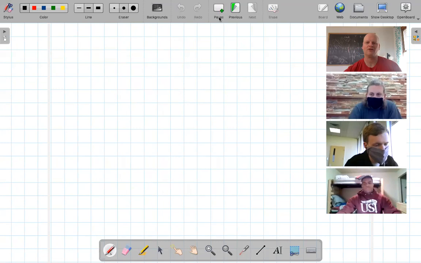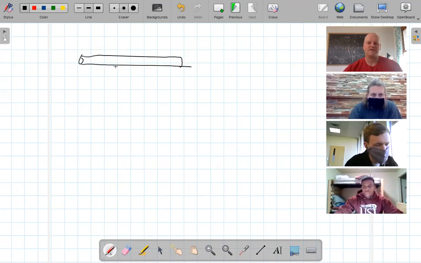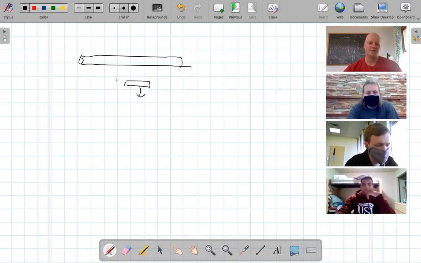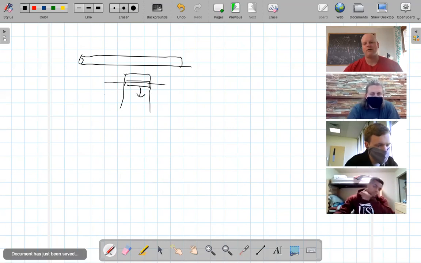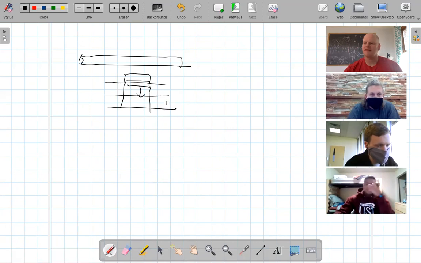Now, I'll elaborate a little bit on that. It would be different if my wire was doing this and my rod was moving this way. So if my conducting rod were like this, then anywhere along the rod, the magnetic field is simply constant. That's right. So if the rod itself was parallel to the magnetic field, then in that case, yeah, I wouldn't have to do that integral.